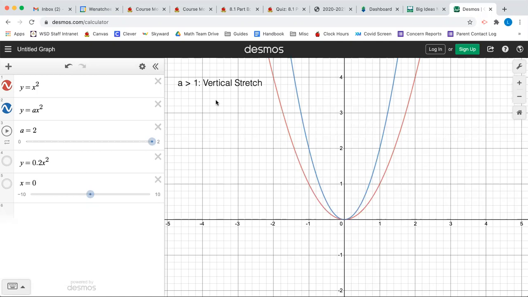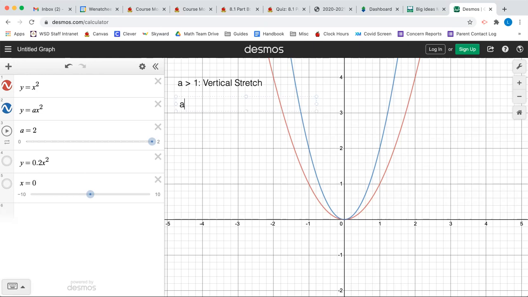And when you pull it upward, the result is that it has to get closer to our y-axis, our vertical axis, because it's being pulled outward away from the origin, but it's stuck there. So all it can do is stretch out that way rather than move upward. That's sort of the way I like to imagine the vertical stretch.